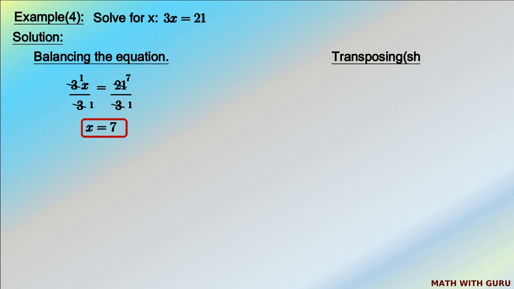Now let us go to the second method. 3x equals 21. 3 into x equals 21. Let us bring 3 to the right hand side. Let us transpose 3 to the right hand side.